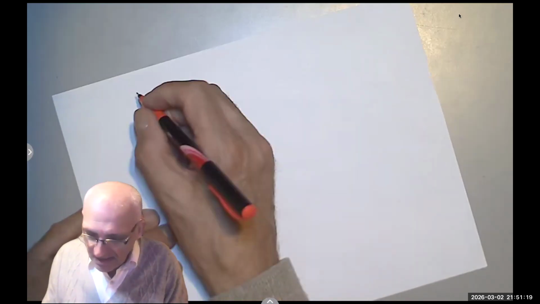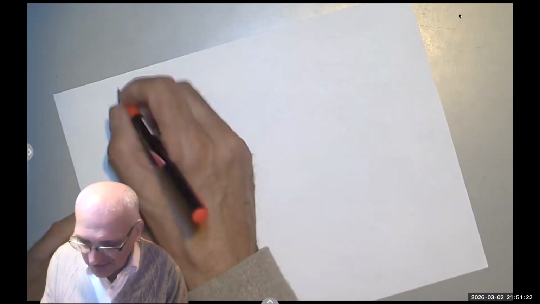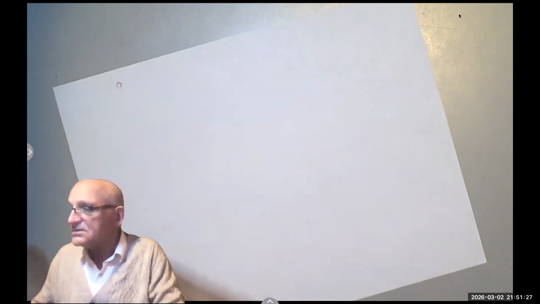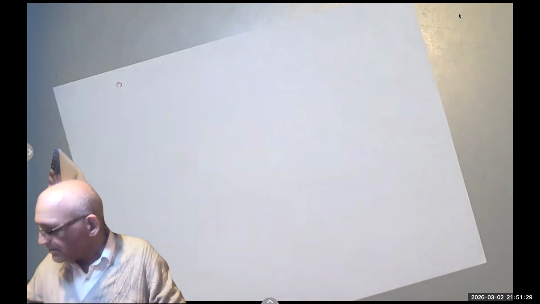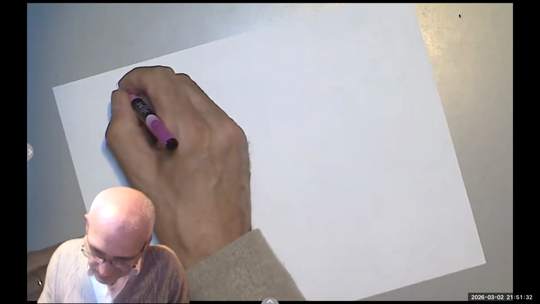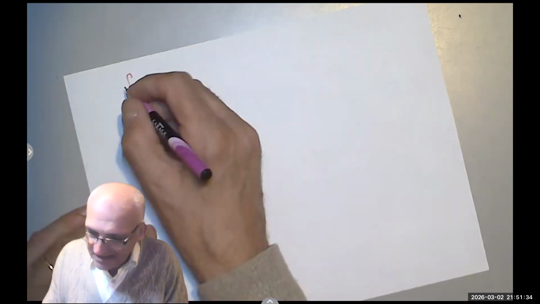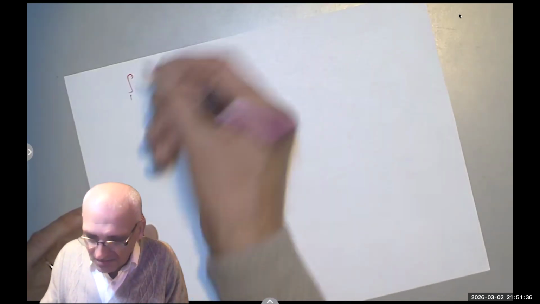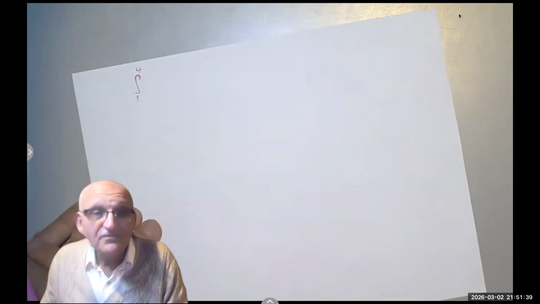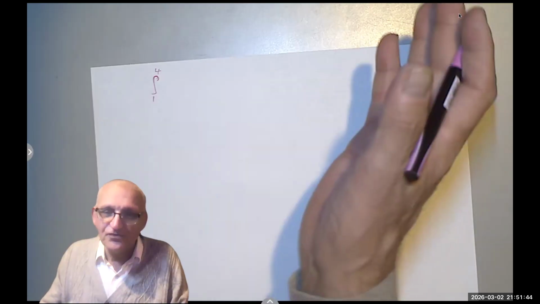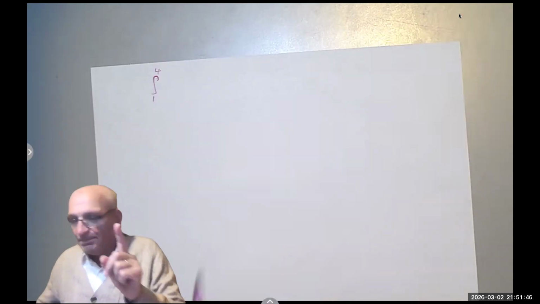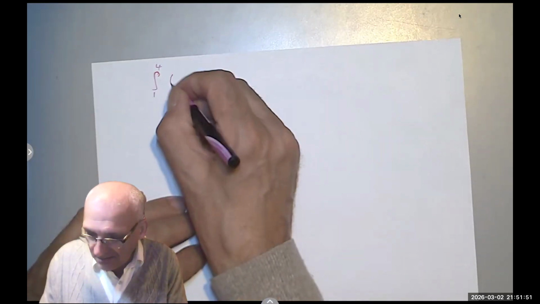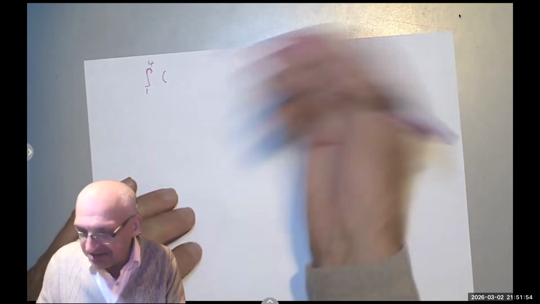I'm going to take 2 simple examples. Let's take a definite integral, integration from 1 to 4 of some function. I'm going to give you an easy function that most of you can integrate without substitution, but the idea is I'm going to show you my method that is pretty much equivalent.